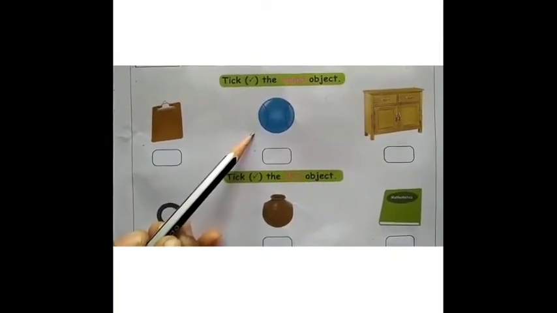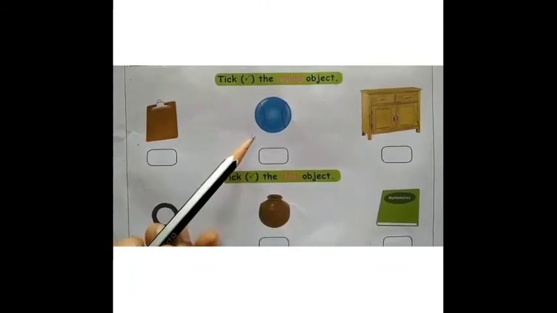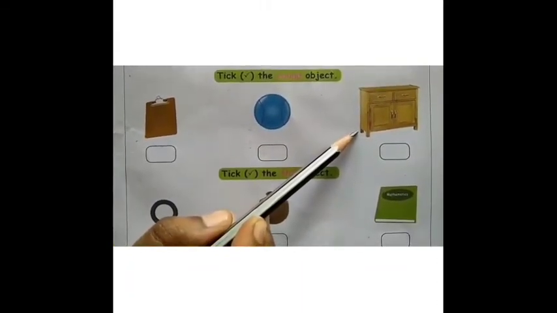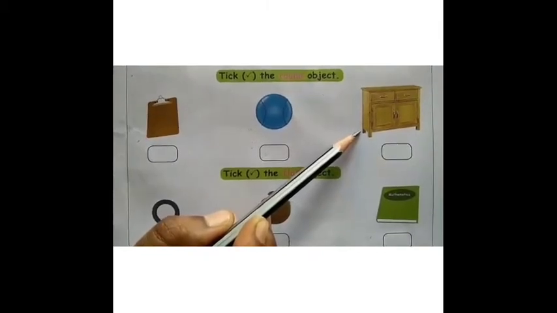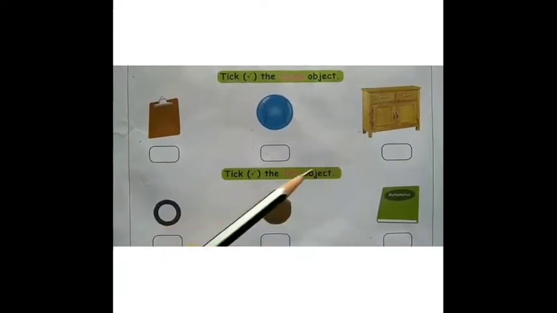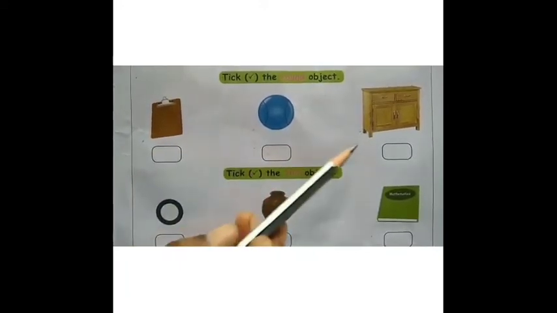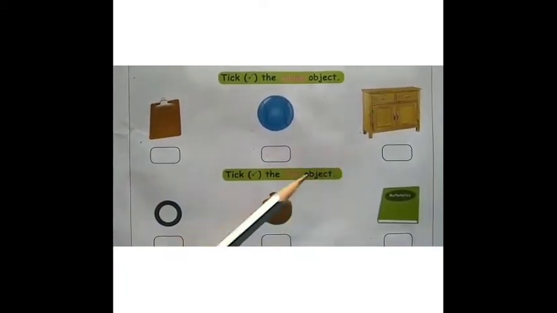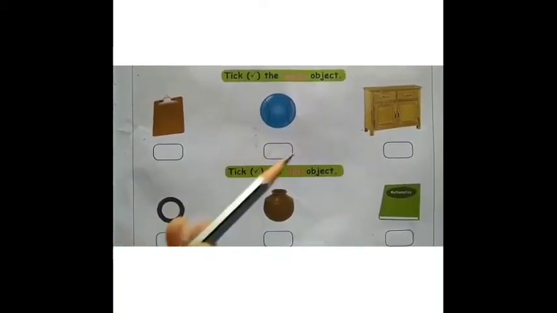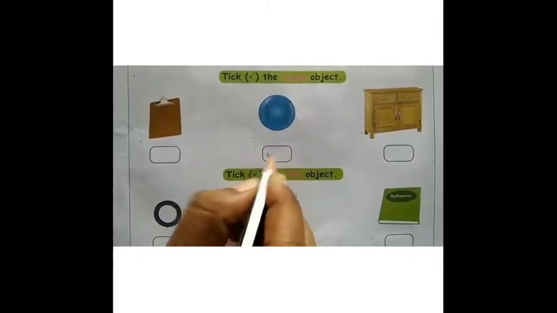Yes, the ball is in the round shape. In the third picture, we can see a table. Is it in the round shape? No. Is it in the rectangle shape? Children, which object is in the round shape? The ball is in the round shape. So, tick under the ball.